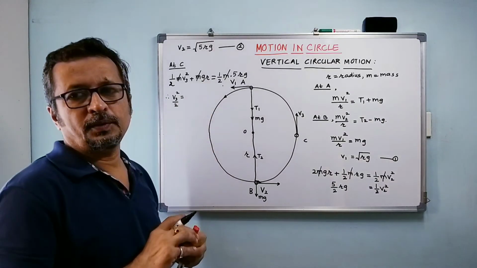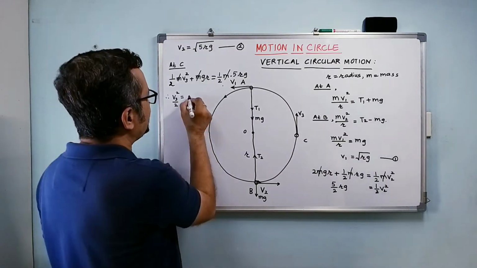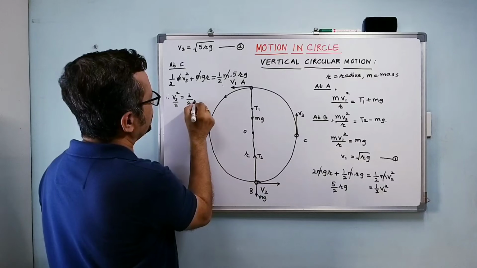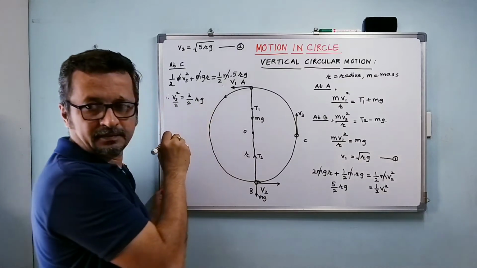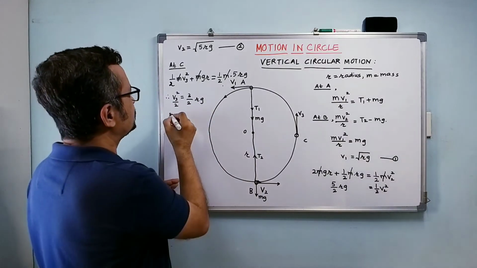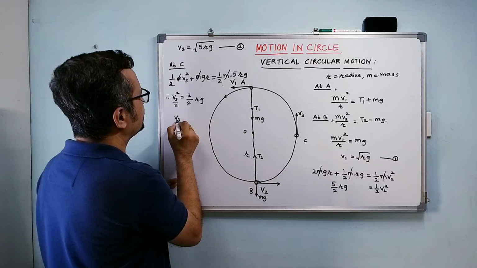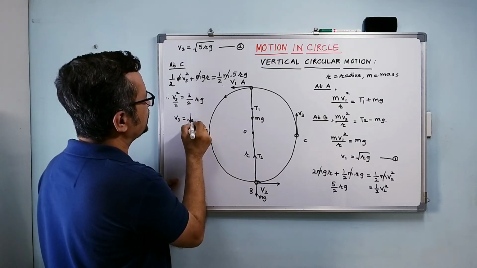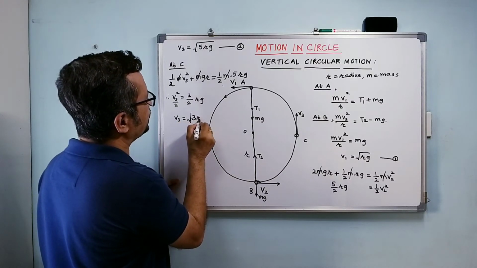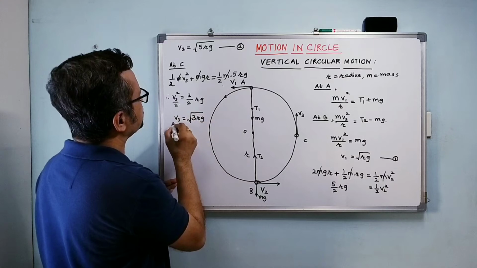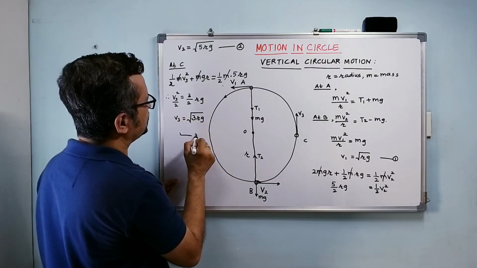So 5 by 2 minus 1, that is 3 by 2 Rg. Correct. So my v3 is going to be equal to root over 3Rg. This is my expression number 3.